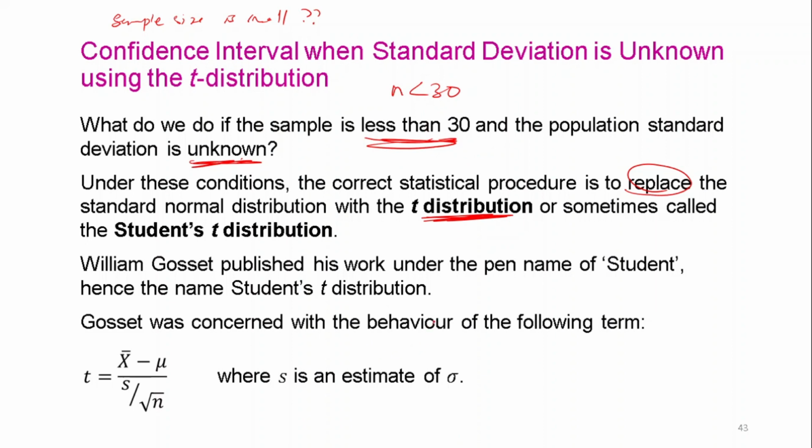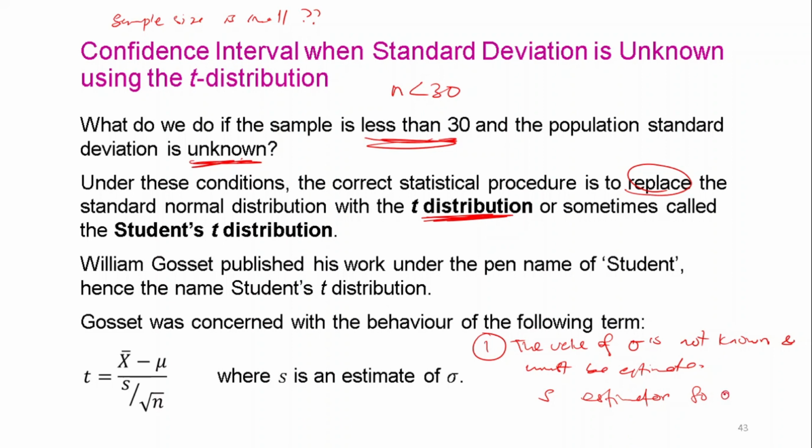Now, there are two problems to overcome. First, if the value of the standard deviation is not known and must be estimated, then you need to use the sample standard deviation, which is S, as an estimator for the population standard deviation.